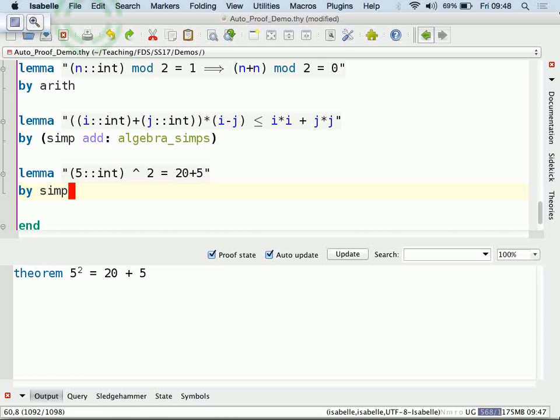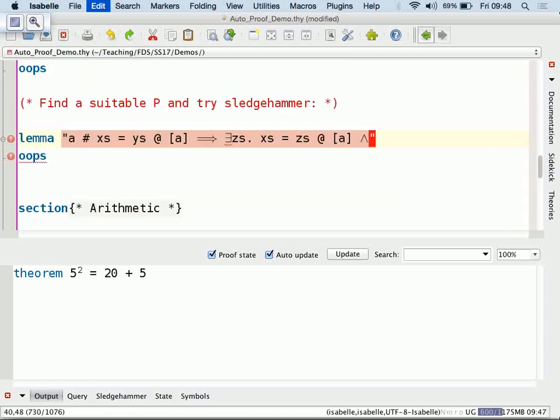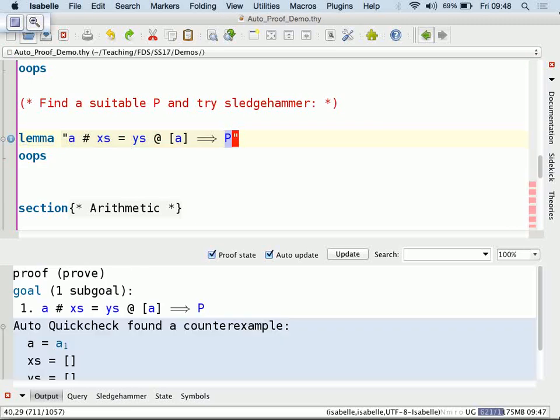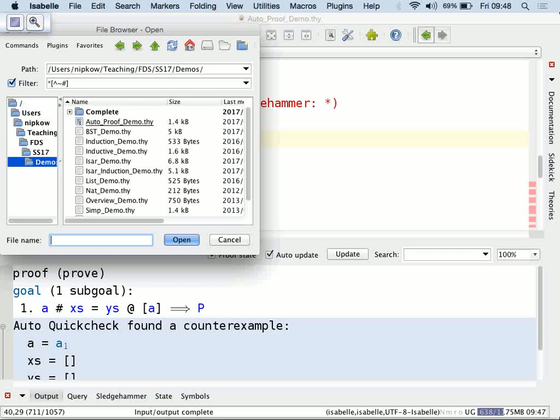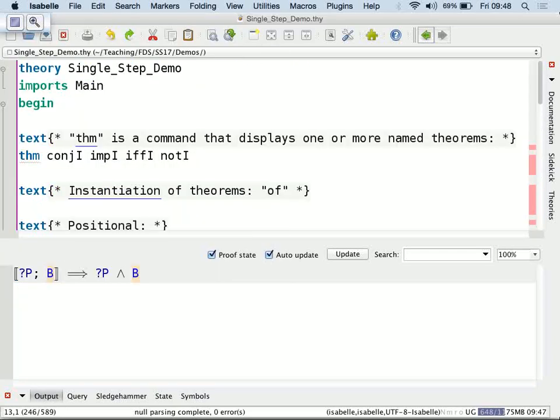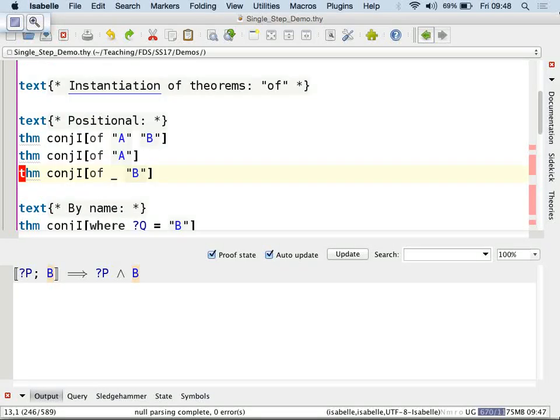Yeah, there we are. So here are three instantiations of the conjunction introduction rule.